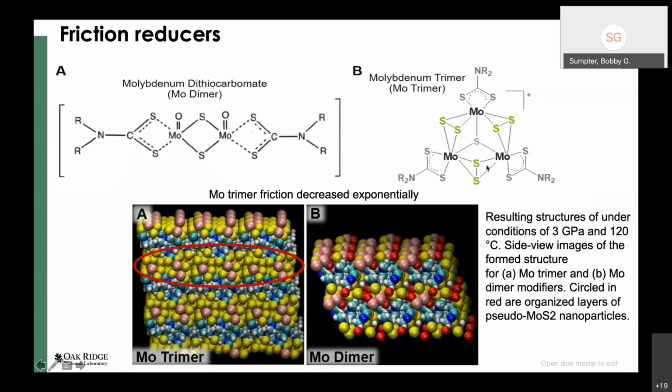One immediately sees that when you have this trimer under that condition, it forms structures that are very different than when you have the dimer under those conditions. And if you look at these structures, it turns out that they kind of look like particles of molybdenum disulfide. Molybdenum disulfide itself is an amazing friction reducer. So theoretically, it looks like if you use this trimer versus this dimer, you should have an incredibly enhanced additive to reduce friction, which is the goal.